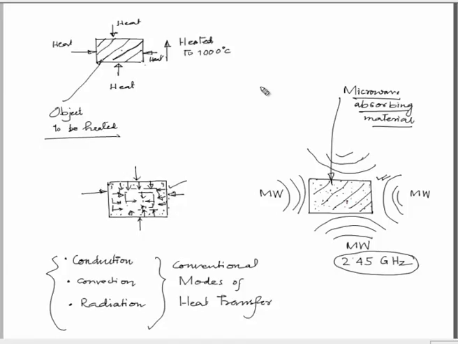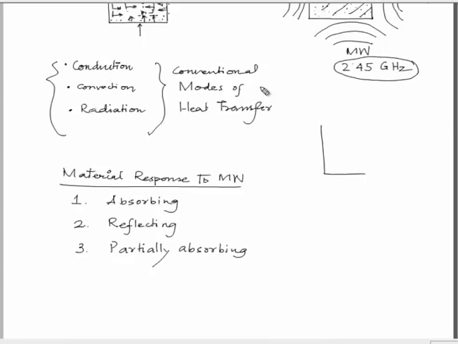Therefore, we can assume that if I am keeping a cup of milk or water inside a microwave oven, or if this is a microwave oven chamber in which I am applying microwave.